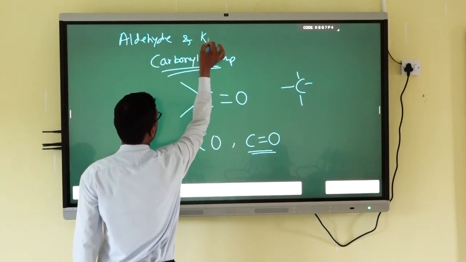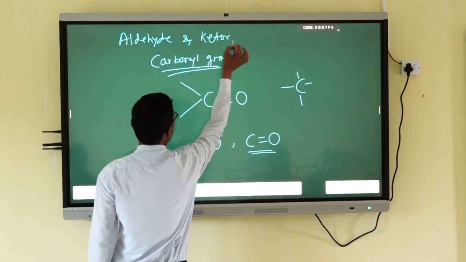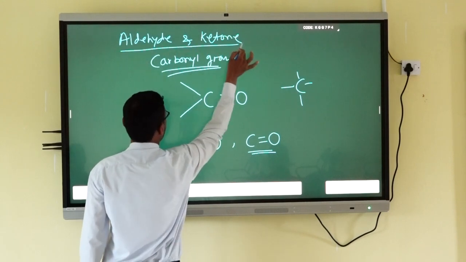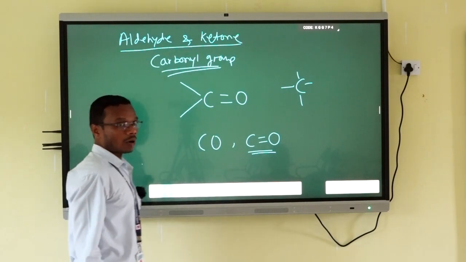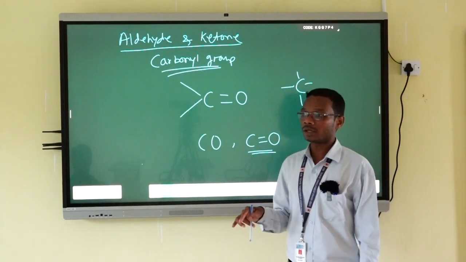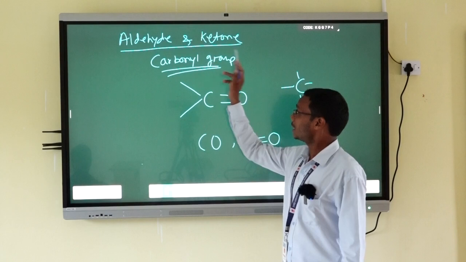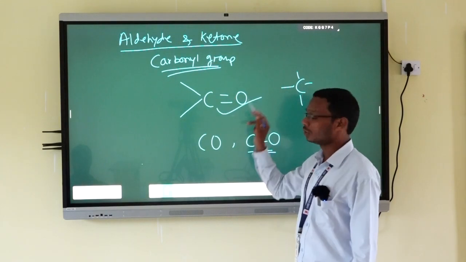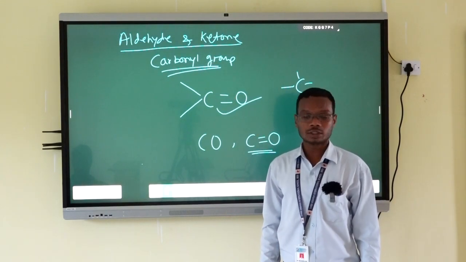Aldehyde and ketone. Why do we learn aldehyde and ketone in a single chapter? Because aldehyde and ketone both have the same functional group, that is the carbonyl group. That is the reason.